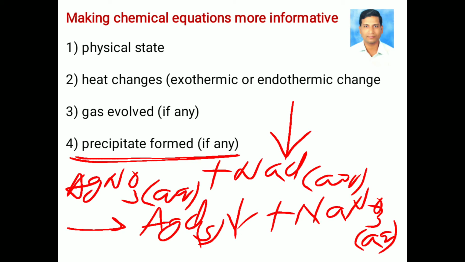So these are the characteristics of reactants and products which make the chemical equation more informative.